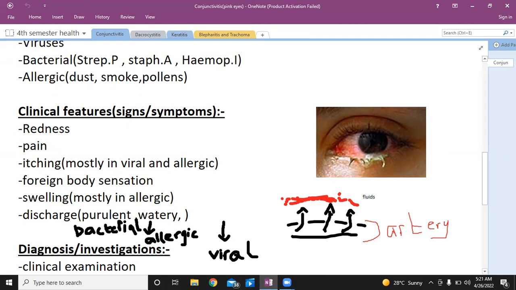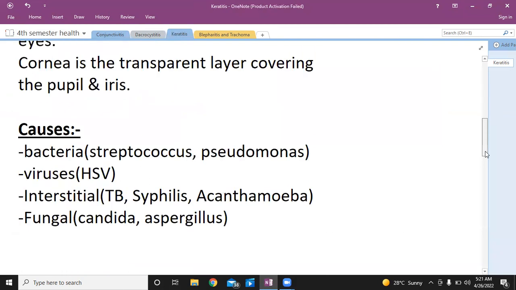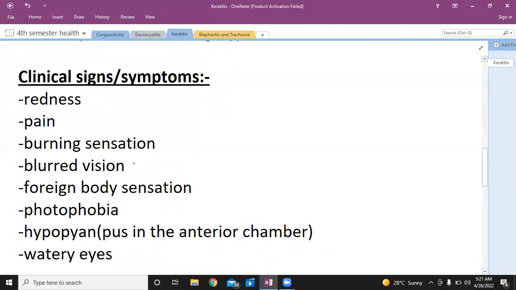You can see the eyes are very clear, but in keratitis, the eyes are covered with this opacity. So this is one thing which distinguishes keratitis from other eye diseases: blurred vision, especially the thing to remember and look for in keratitis.